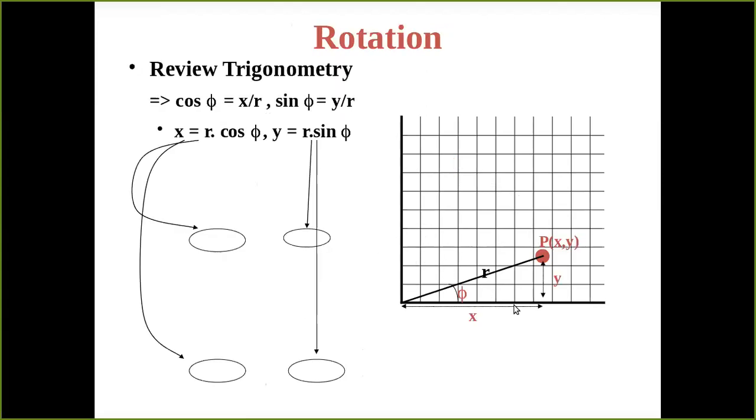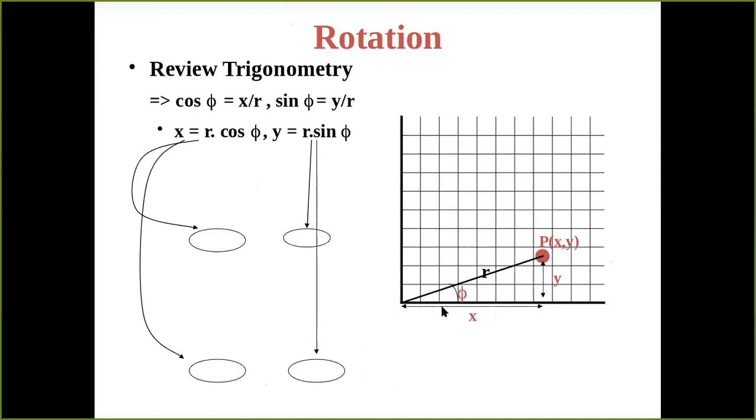This is what I have been explaining. The initial P has coordinates x, y, and you connected it with the origin, so it is the r vector, denoted by r, and with respect to the x-axis the angle is phi.